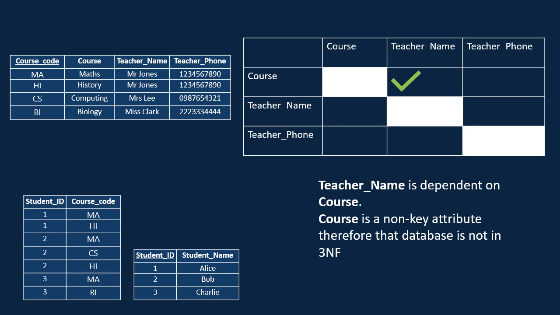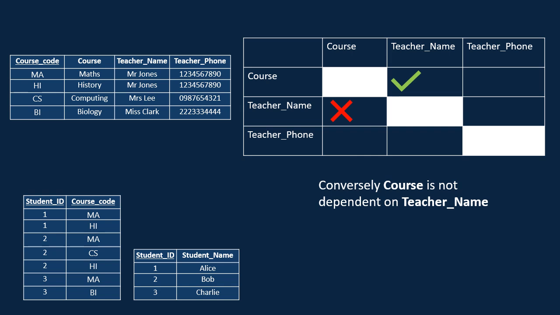Now, course is a non-key attribute and teacher name is dependent on course, so we can say that the database is not in third normal form. Conversely, because the same teacher can teach more than one course, the course is not dependent on the teacher name.